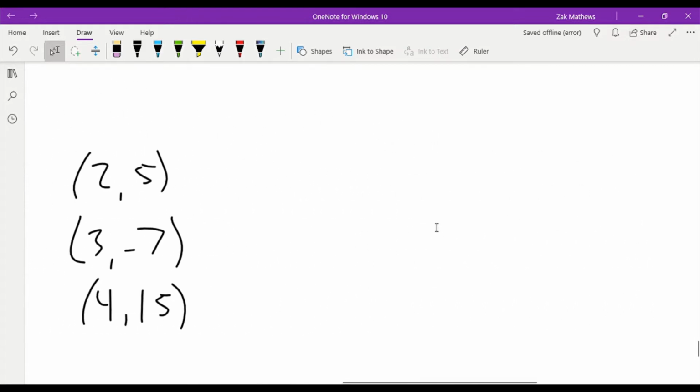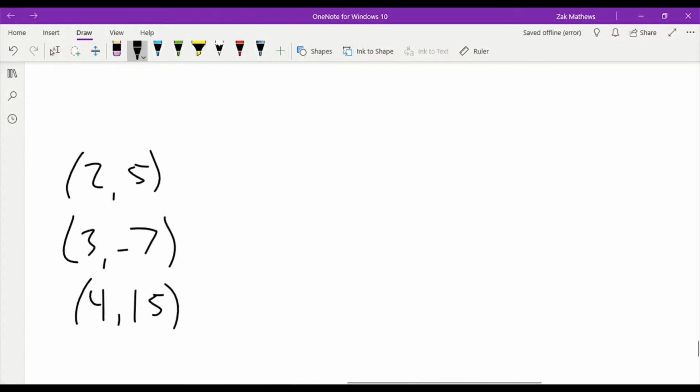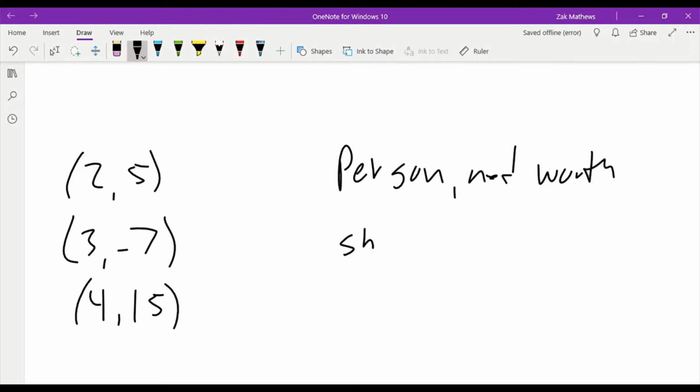Now, I've been using x's and y's here, but relations can tie any number of things together. It could be a person and their net worth. It could be that we're looking at maybe the inventory in a store, so we're looking at shirt type. So for instance, is it short sleeve, long sleeve, what have you, and its color.